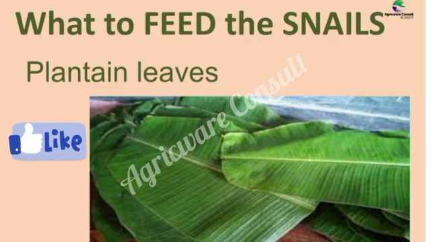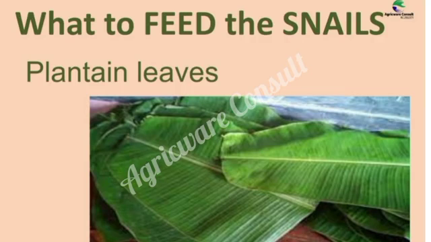As you can see in the picture, it is the green leaf you cut from a plantain tree. This provides two things. One, it feeds your snail, and two, it provides shade in your snail pen. It also keeps your snail pen cool, whereas the snails feed on the plantain leaves.